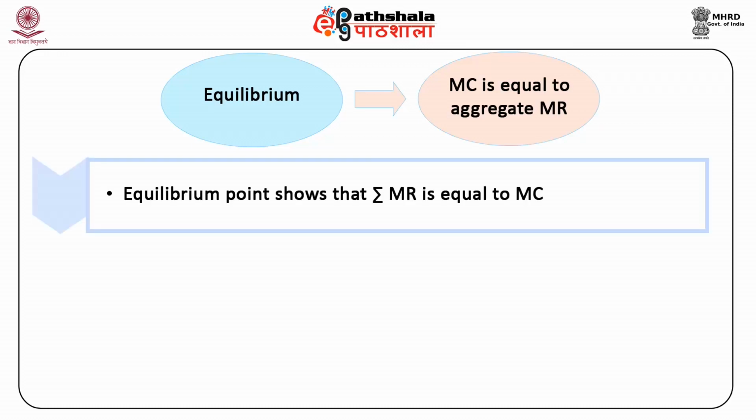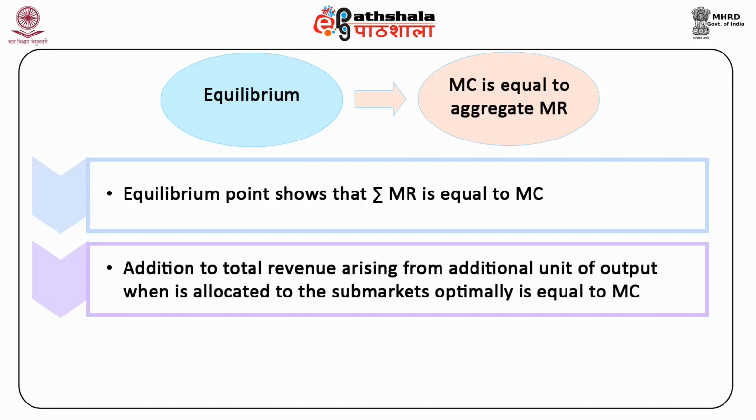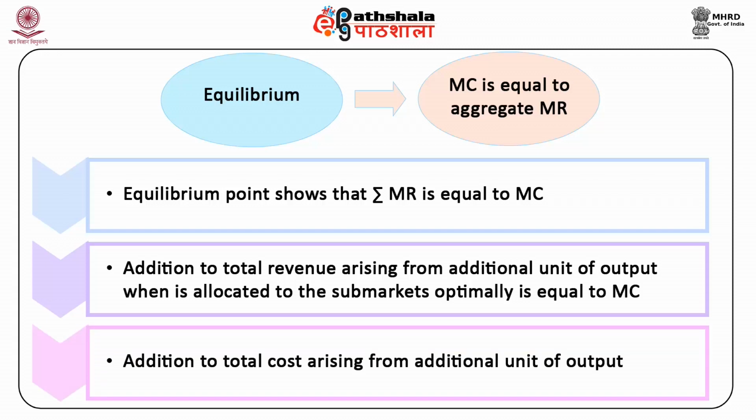The equilibrium point shows that summation MR is equal to MC, that is, the addition to total revenue arising from additional units of output when allocated to the sub-markets optimally is equal to MC, that is, the addition to the total cost arising from the additional unit of output.